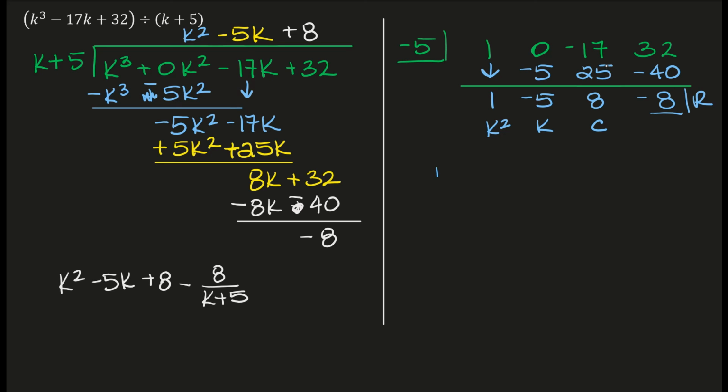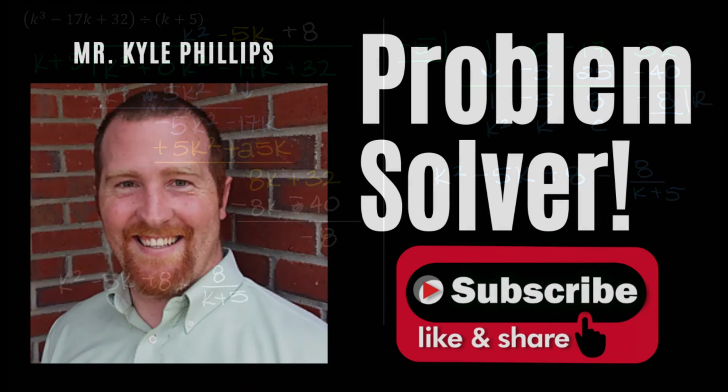So I have k squared minus 5k plus 8 minus 8 over what I divided by, which was k plus 5. And that's going to be it. That's how you use long and synthetic division. And then don't forget, when you have a missing power, all you're doing is including that 0 to fill in for the missing variable.